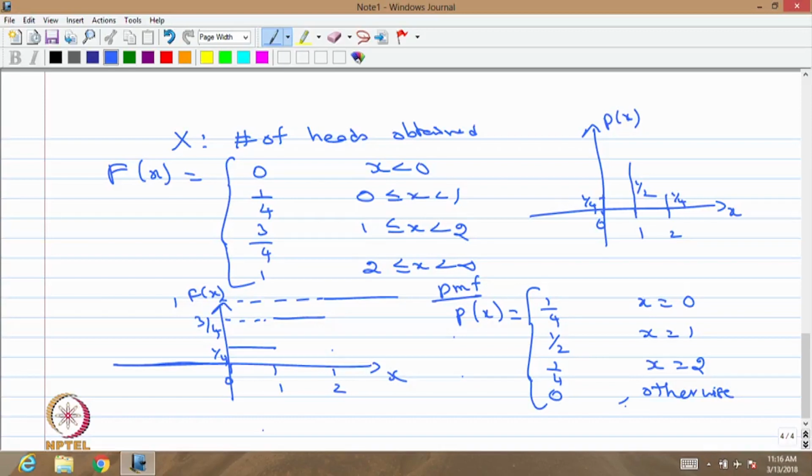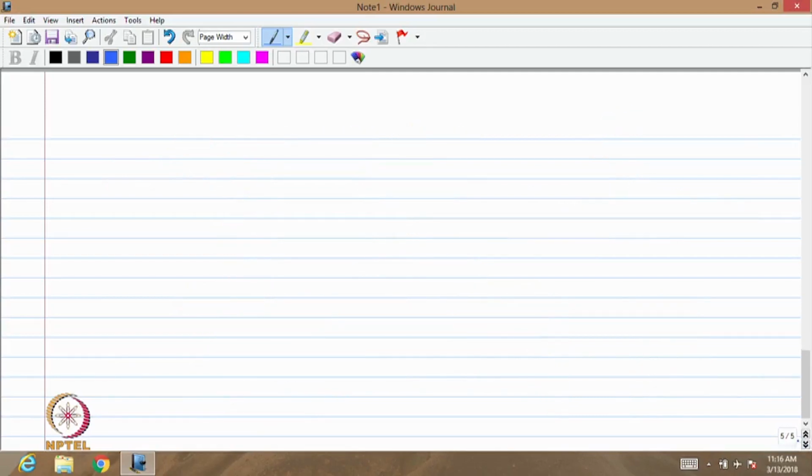Now, we will move into the second type of random variable, that is the continuous type random variable.